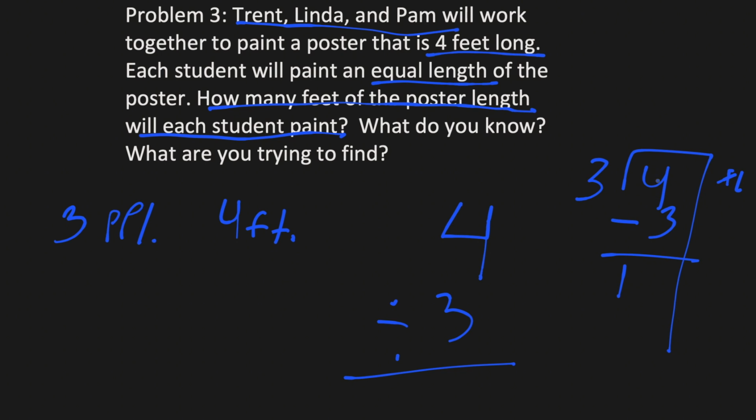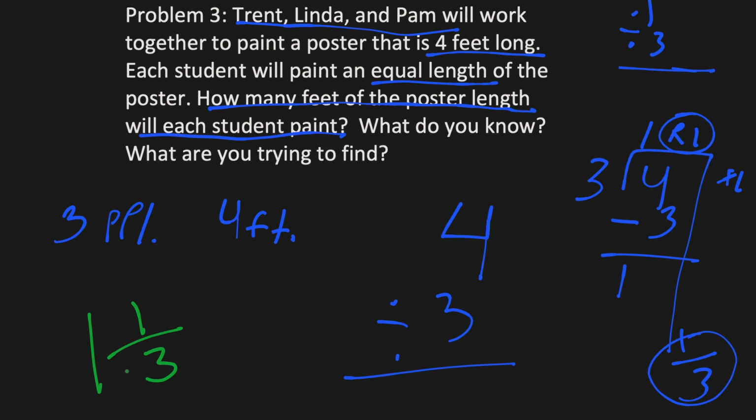So 1 with a remainder of 1, but we can't have the remainder. So we'd have to take the 1 and divide it by 3. So that'll leave us with 1/3. I know it's all over the place, but we would have 1 and 1/3 feet.